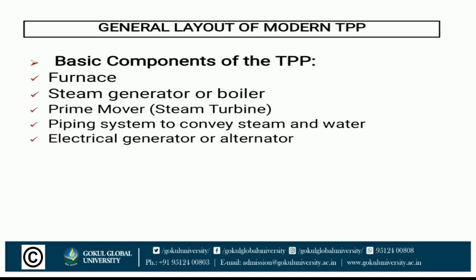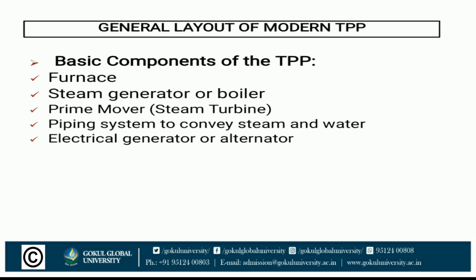General layout of modern thermal power plant. Basic components of the thermal power plant. First one, furnace to burn fuel. Second one, steam generator or boiler, in which heat generated in the furnace is utilized to convert water into steam.